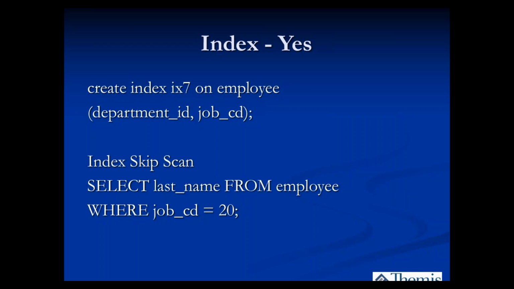So the fewer distinct values I have in that leading column, the more likely it's going to do an index skip scan. In this case, I tested this on 12C, even though it's a very simple query. For my department ID in the employee table, there were 6 distinct values, and looking at the explain plan output, it did indeed choose an index skip scan.